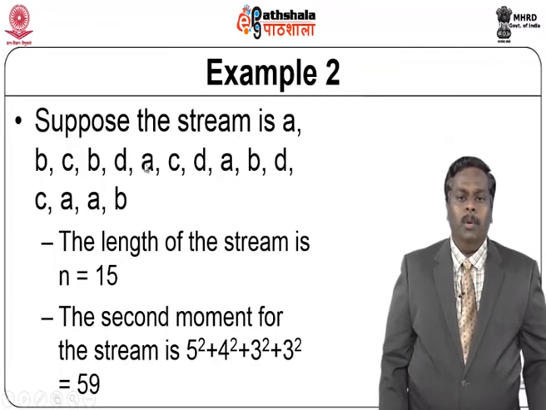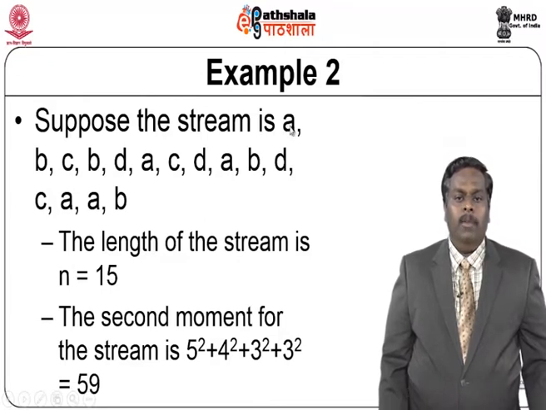Next, you will have to compute the number of times these distinct values have occurred. A has occurred 5 times: 1, 2, 3, 4 and 5. B has occurred 4 times, C has occurred 3 times and D has occurred another 3 times.